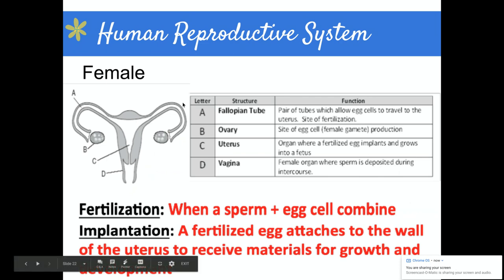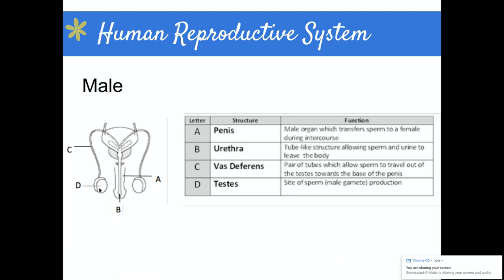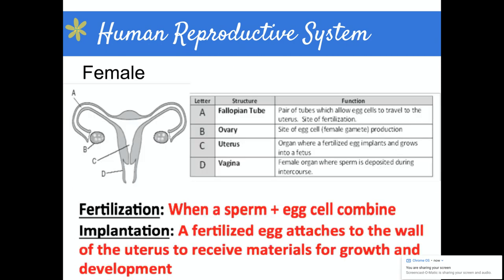The female reproductive system, you'll see there's some similar looking structures to the male. We've got two ovaries, just like back here we had two testes. These are both called gonads, and they have a similar name because they have a similar function. Here, B, that's the ovary. That's the site of egg cell production, the female gamete.